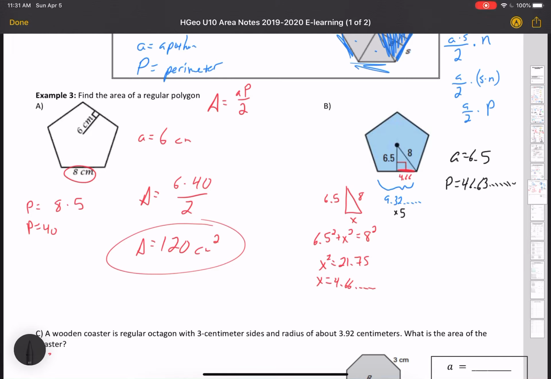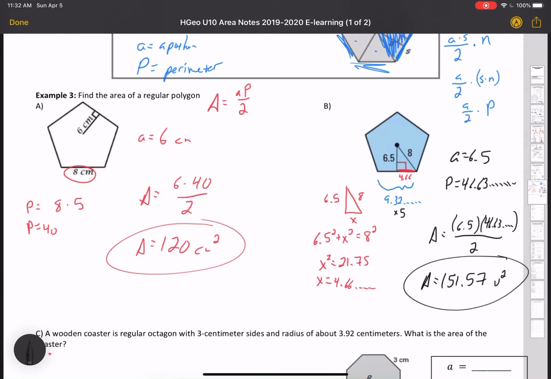So now I just plug it into my area formula. Area is equal to apothem times perimeter, which is this long, messy number, divided by 2. So I'm going to take 6.5 times that whole number in my calculator, divided by 2, and now I can round to the nearest thousandth. 151.5699. So that's going to ultimately round to 151.57 units squared.